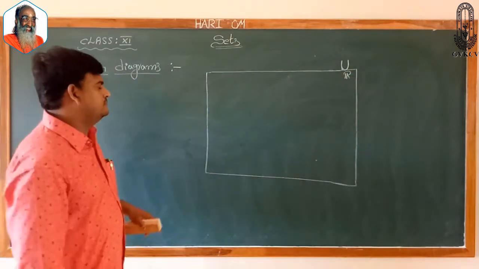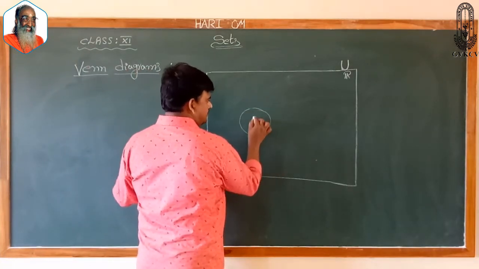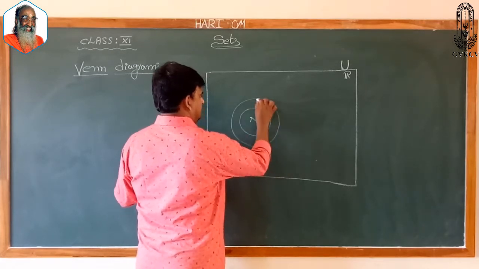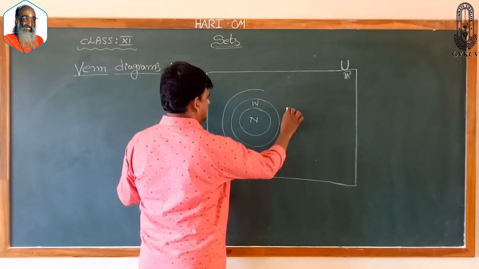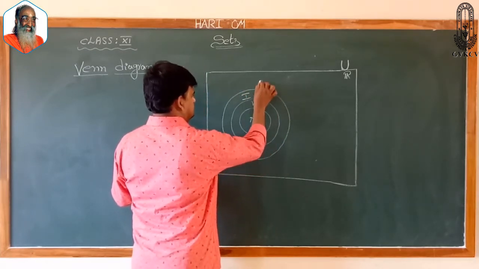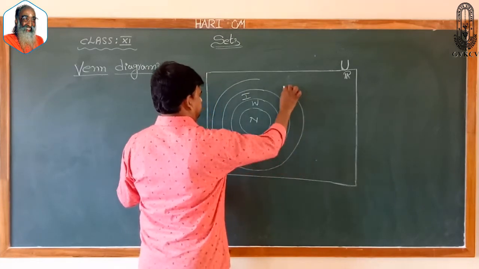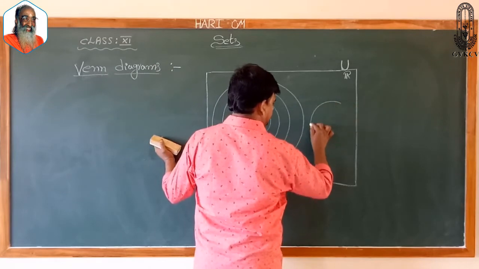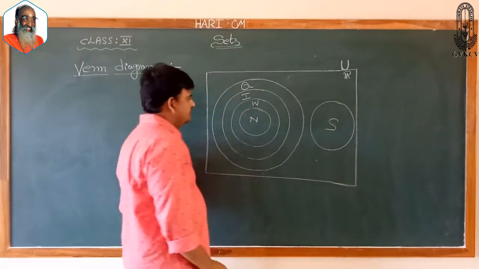What are the different types of numbers we have? Yes, we have natural numbers. Next we have whole numbers, next integers, next rational numbers, and we have irrational numbers.